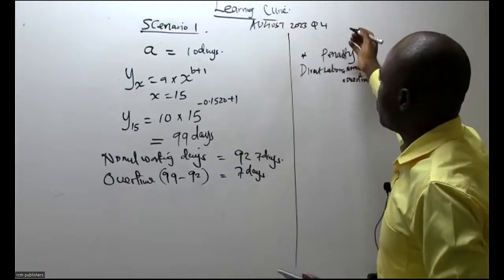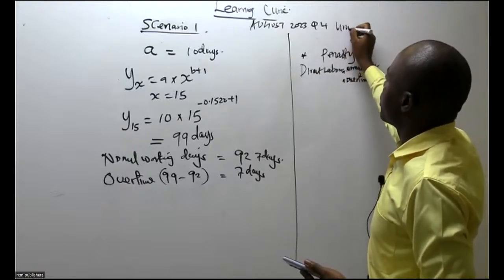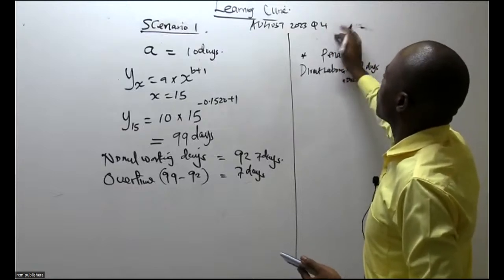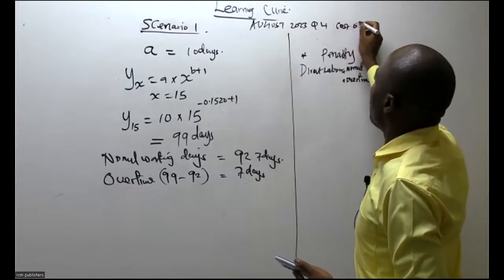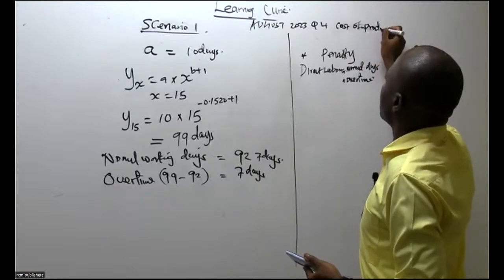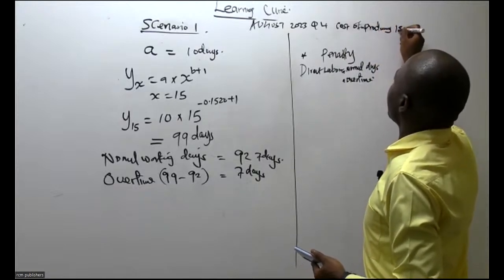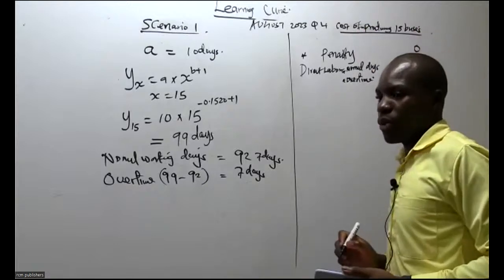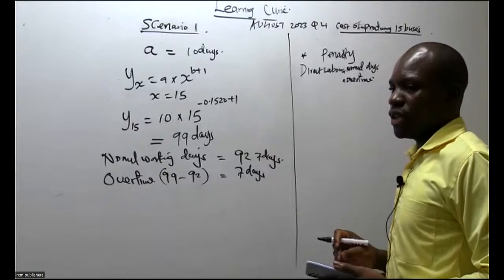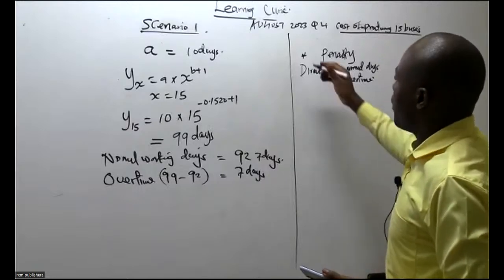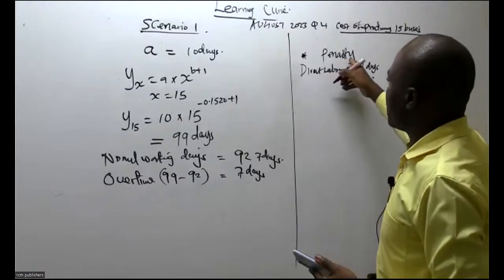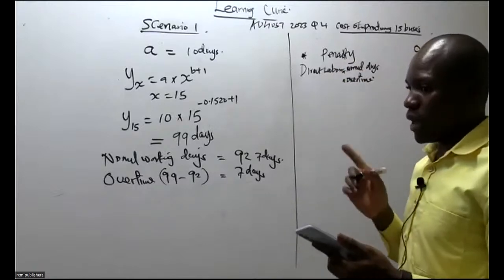Basically, our interest here is to get the cost of producing 15 buses. Do we understand that? They have decided to produce all of them within the time allowed. So the penalty will be 0 because no bus will be pending.